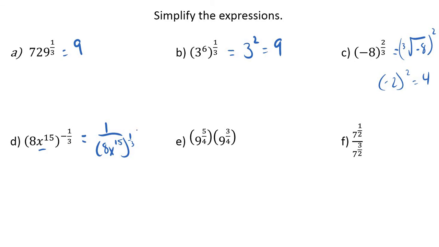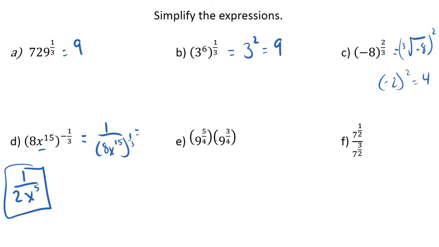Well, let's simplify that a little bit. I'm going to write it down here where I've got a little more room. What's the cube root of 8? That's what that 1/3 means. Cube root of 8, oh, that's 2. What's the cube root of x to the 15th? Or you could do 15 times 1/3, well, that's just 5. So that's x to the 5th. Hey, there's our answer. Not too bad.